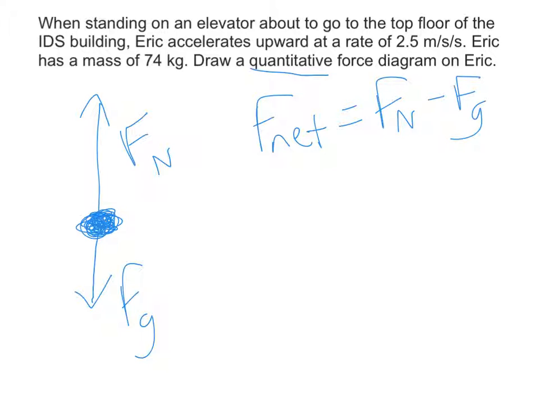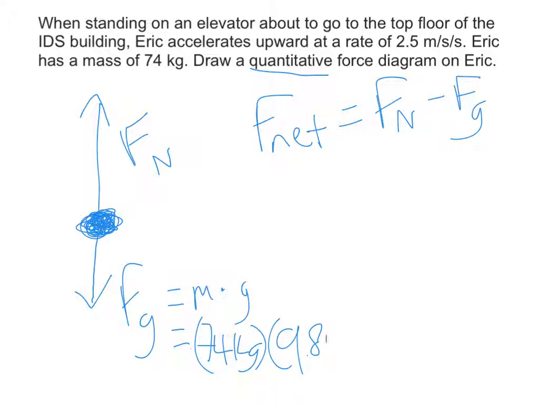We can find the net force. We can also find the force of gravity. Force of gravity is just equal to mass times 9.8 meters per second squared, mass times the acceleration due to gravity, which is equal to 74 kilograms times 9.8 meters per second squared.